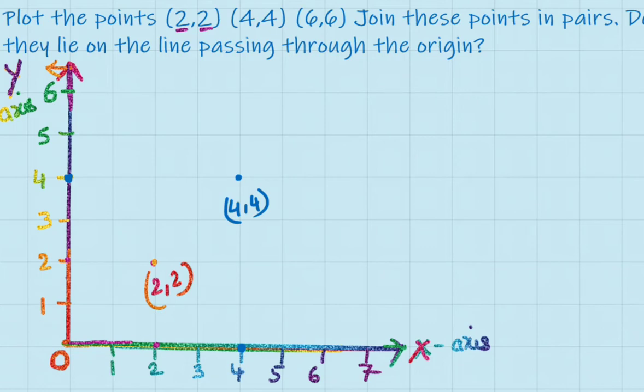Okay. And the next point is (6, 6). Again come here, the first 6 is from the x-axis and the second 6 is from the y-axis.